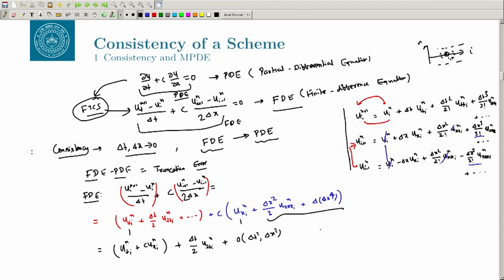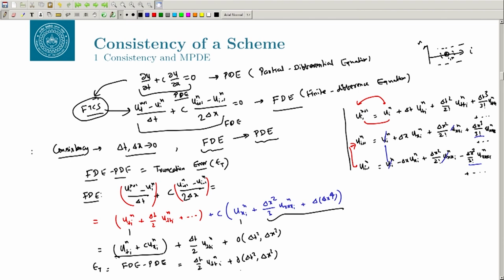So, now our task is to get the truncation error. Let us represent it by epsilon_t. The epsilon_t is nothing but FDE minus PDE, right. So, this is your PDE. If you subtract that, FD minus PD, that will become delta t by 2 u_tt at i, n, plus order delta t square, delta x square, right.